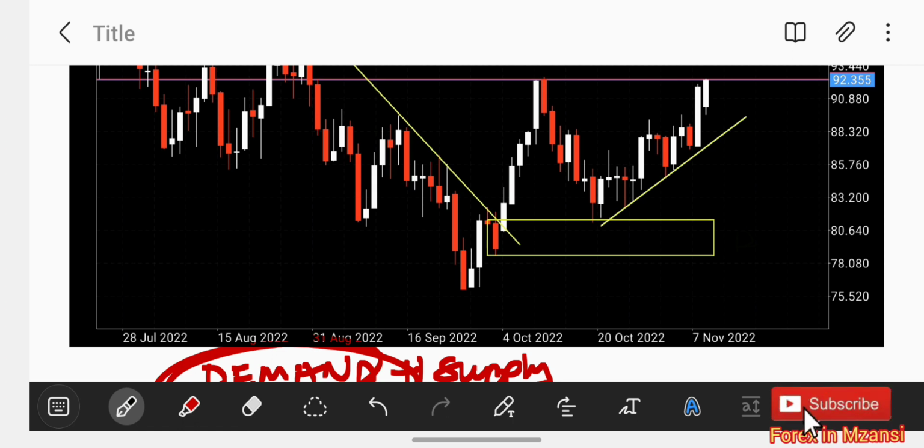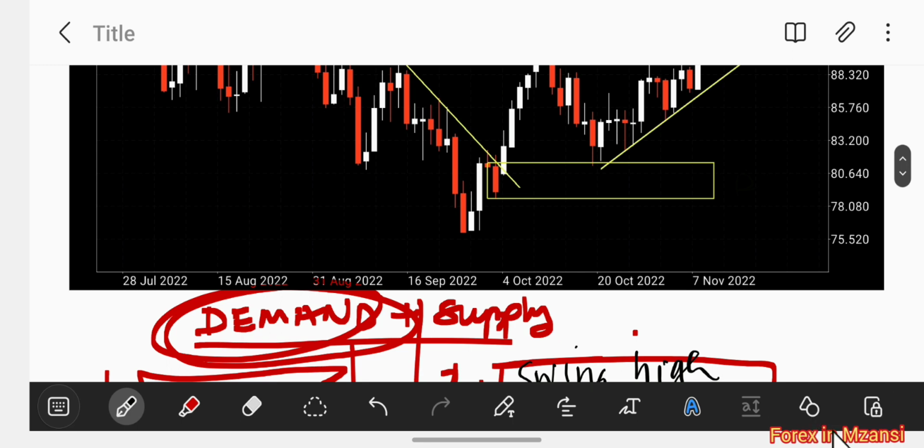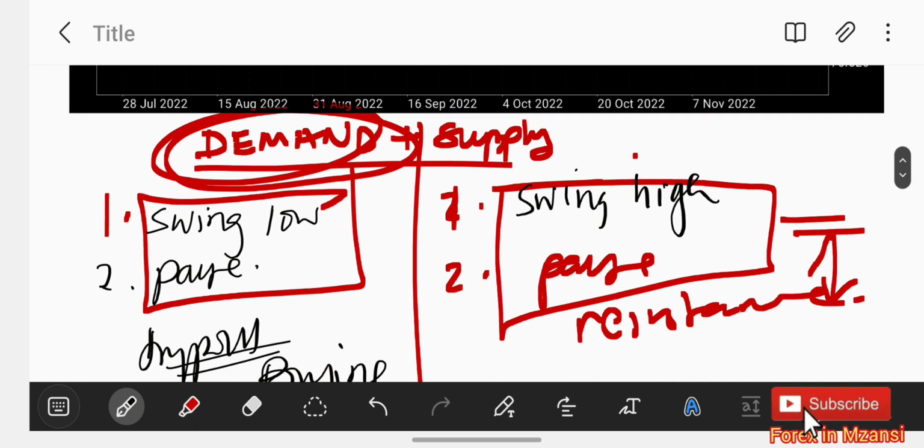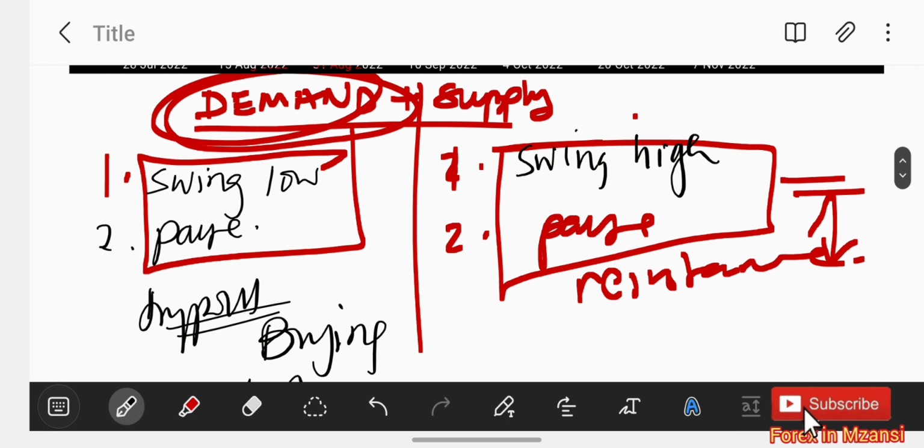When you look at it on a bigger scale, go and mark them on your chart, and when you're taking trades, make sure you identify these areas very well. You decide where the market is going and only focus on the zones that go with that trend. Then you will see that you increase your chances of winning those trades. So that's basically what I wanted to show you in terms of how you locate areas of demand and supply.